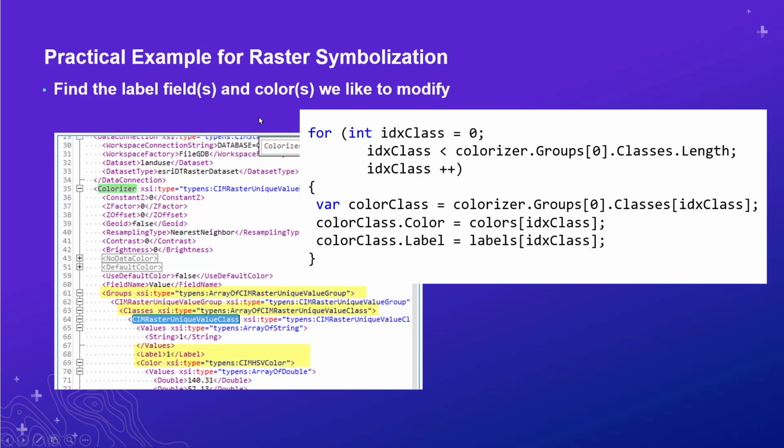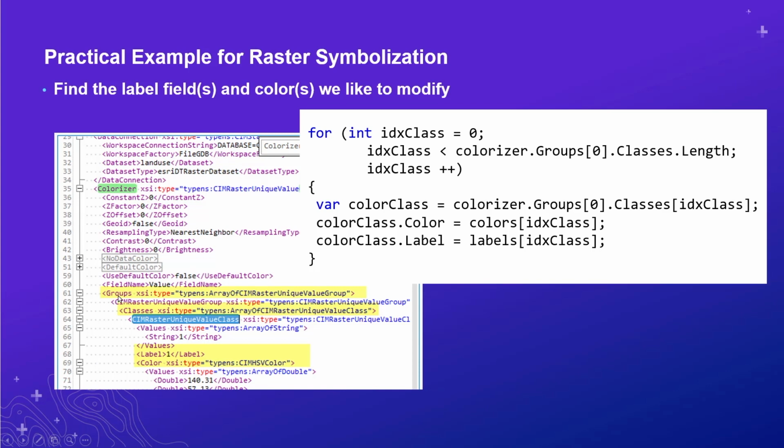So how exactly do I do this in code? Here you can see the map from the SIM XML presentation to a code snippet. We already located what we need to change. We want to change the label and the color. You can see that little loop on the right side. I have my colorizer, which has a property called groups.